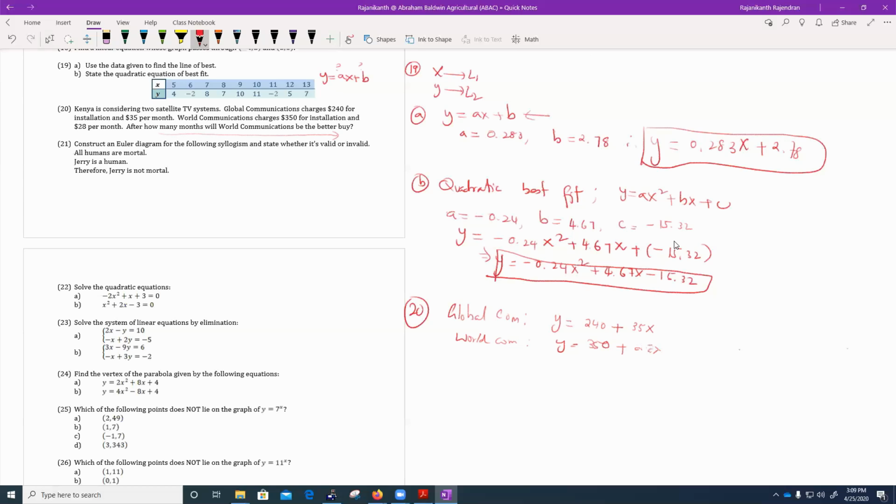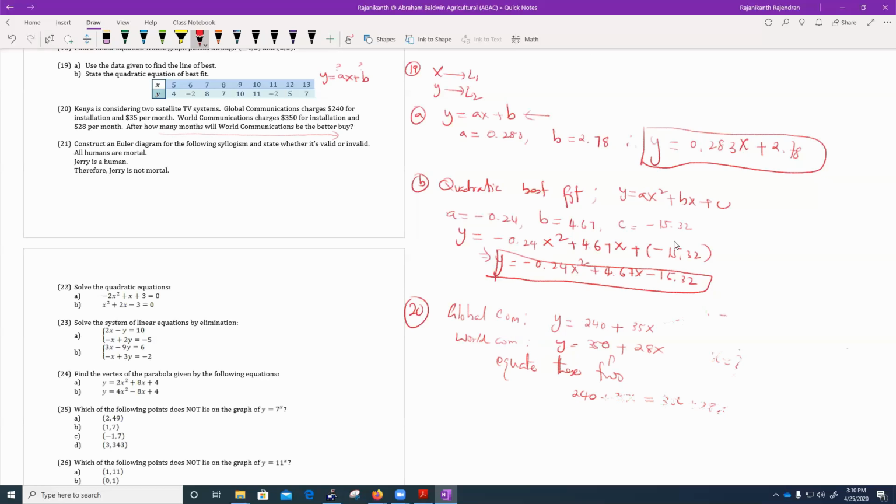So you just equate these two. If you equate these two, you get 240 plus 35x equals 350 plus 28x. What is my task? My task is to find the number of months.